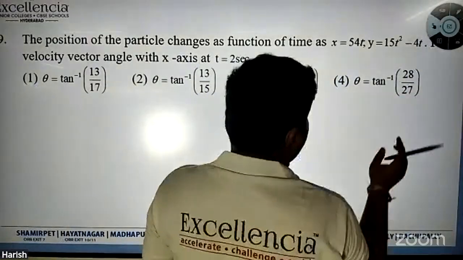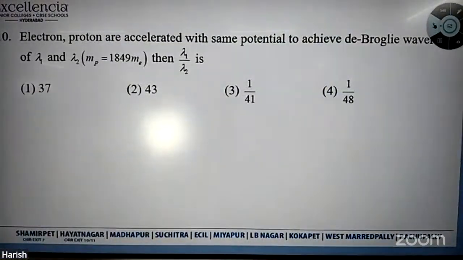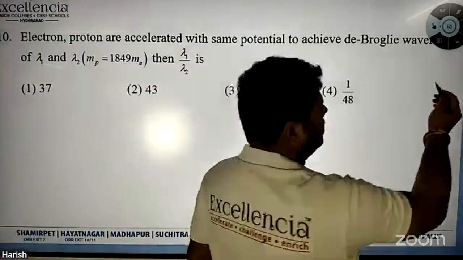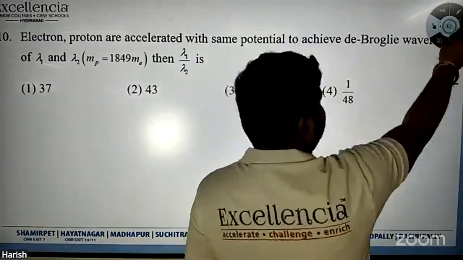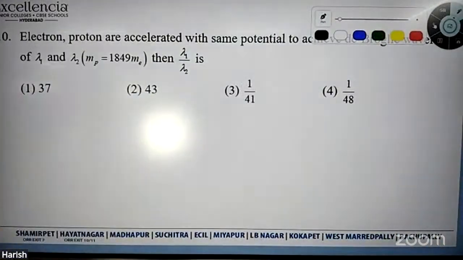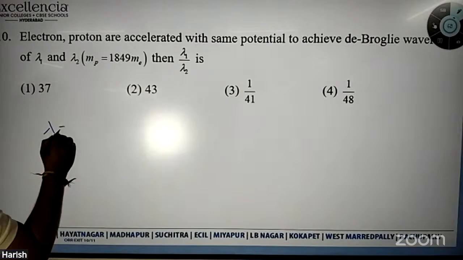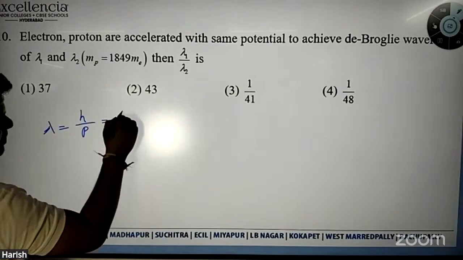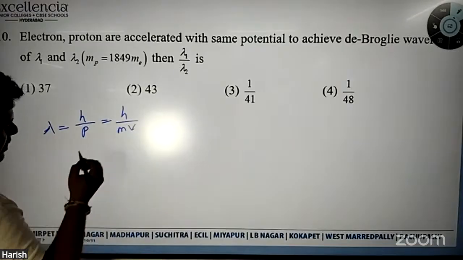We will move on to the next question. Yeah, it's a question on de Broglie wavelength. They are saying an electron and a proton are accelerated with the same potential to achieve de Broglie wavelengths lambda 1 and lambda 2. Then what is lambda 1 by lambda 2? We know the wavelength of matter waves is given by lambda equal to h by p, where p is momentum, mv.